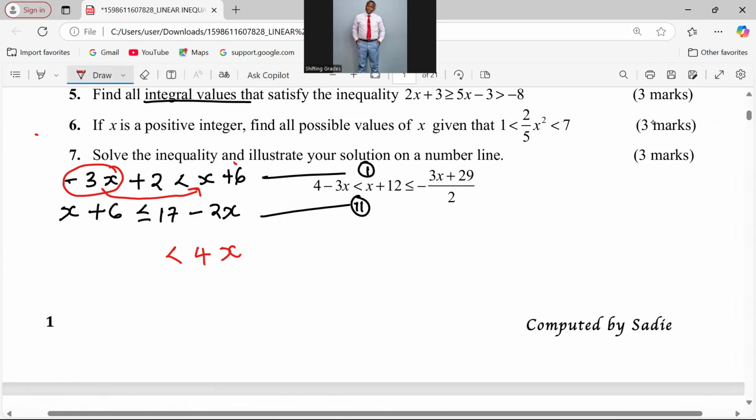Then 6 should be brought to the side where there is the other constant. So 2 minus 6 will give us a -4. You see now when we divide through by 4, you have to get x, and this is a -1. So the first simple statement has been simplified.